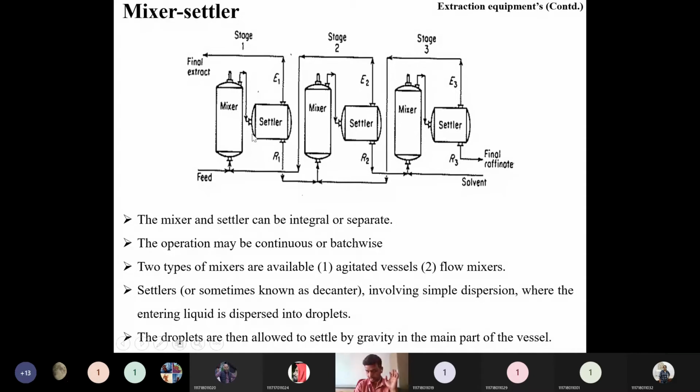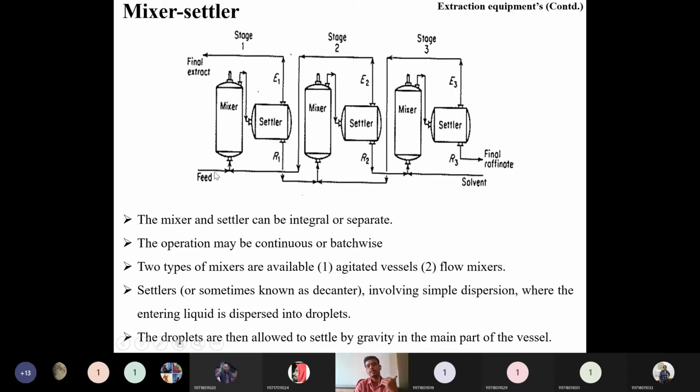One layer we call the raffinate layer, and the other layer we call the extract layer. Since the extract layer is the solvent rich phase, we consider that our essential product. So E1 will be separated out, and R1, the solvent lean phase, will be separated from the bottom.